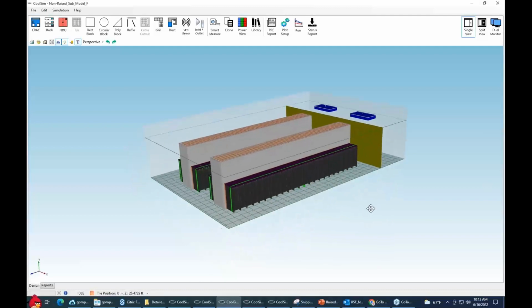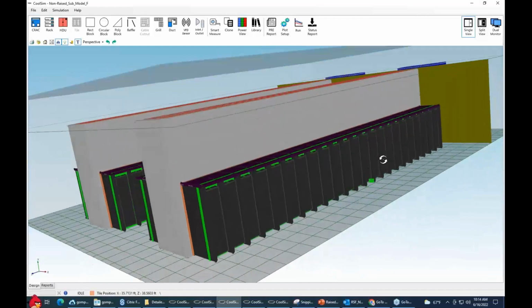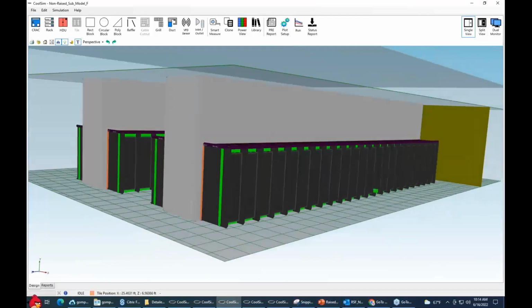All right, so a couple things about this. I'm going to first show you how I built it, because for those of you who are CoolSim users, there's a number of you in the audience, this is a really good way to model leakage. So in this environment, I have the walls of the containment set as baffles. I'm using baffles everywhere.